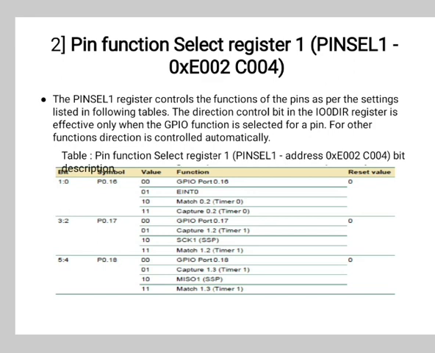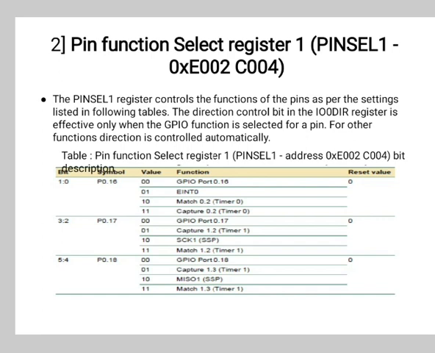Now here also there are 4 values or different combinations for each bit, that is 00, 01, 10 and 11, and for all these values it has different functions. So in bits 1:0, for value 00 it is GPIO port 0.16, which is also continuous.